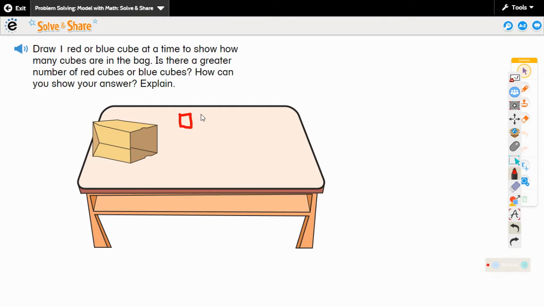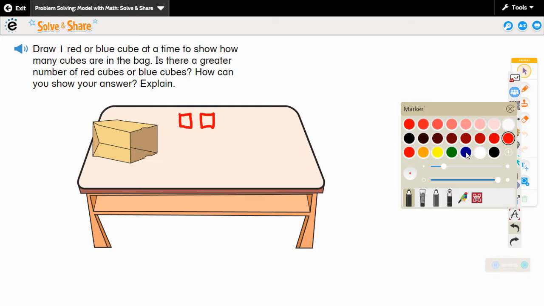Okay, so let's draw one more red square. Now look at it. Are there more red squares or is there a greater number of blue squares? There's still a greater number of red squares because once again we have not drawn any blue squares yet.